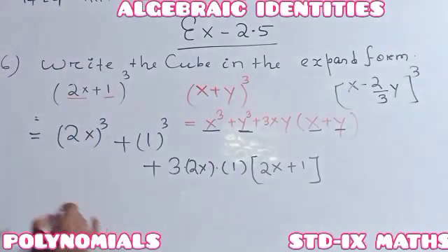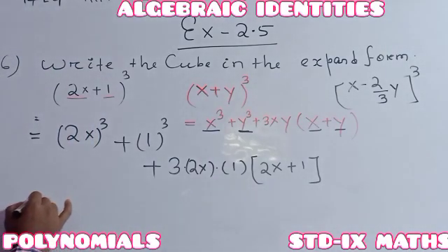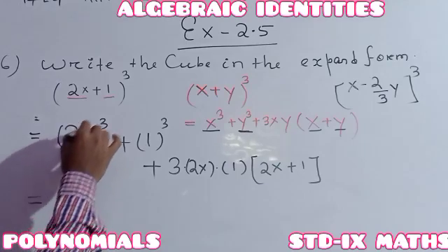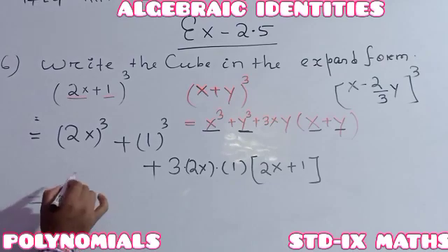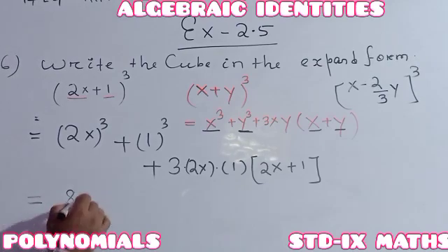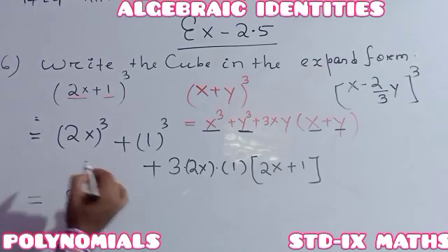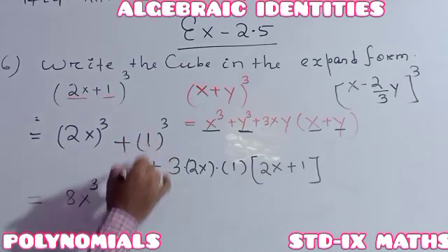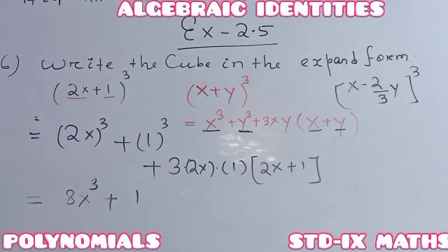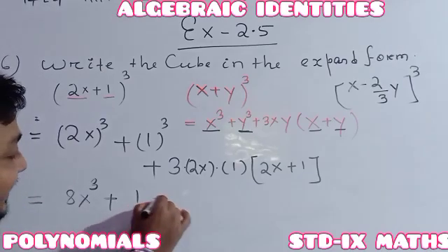Understood? See, here it is. Next step we just have to open the bracket. 2x cube means 2 cube, which is 8. x cube will be x cube. Ready? Then after that 1 cube will remain 1. Understood or not understood?